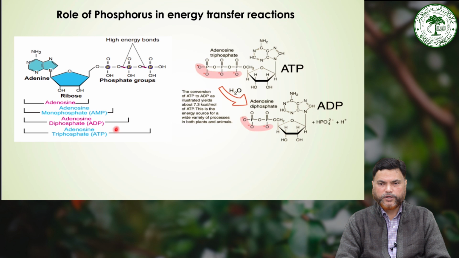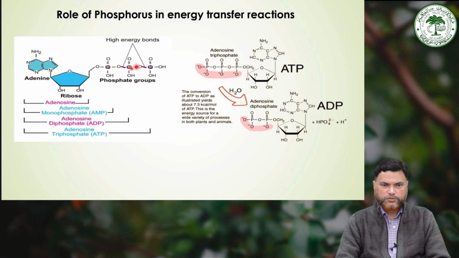So, starting from ribose, the phosphoryl groups are designated: this phosphate is known as alpha, this one is beta, and this one is gamma. Basically these two bonds are high energy bonds, or energy rich bonds.